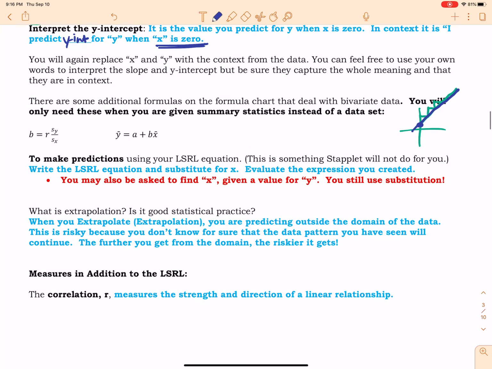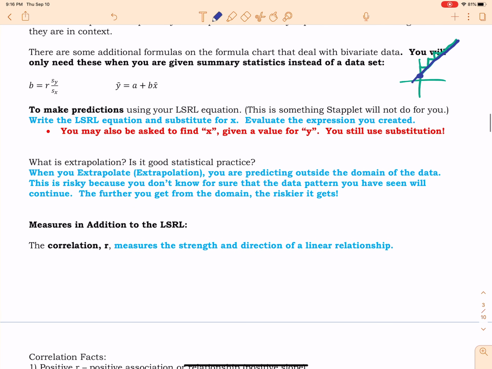So some more things that we're going to talk about here and more information that we're going to explore in our examples. We've got formulas on our formula chart, and again, I'm going to show your formula chart and talk to you about that when we're all together in WebEx and in class. And we are going to look at these. What do these mean?